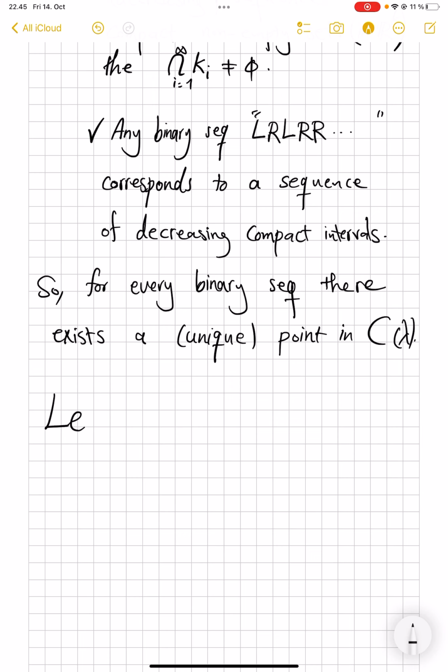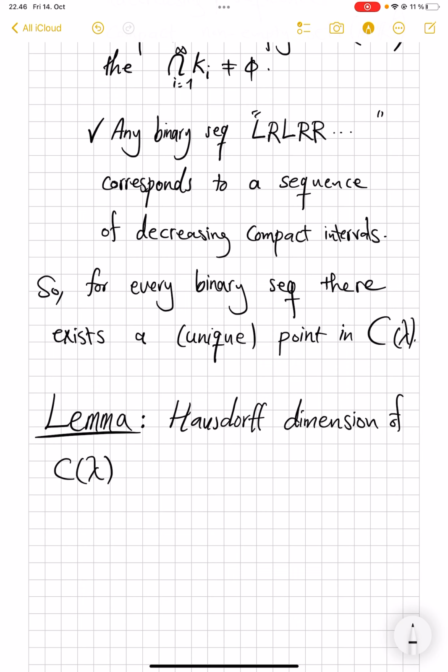we will discuss the fact that the Hausdorff dimension of C lambda is log 2 divided by log of 1 over lambda.